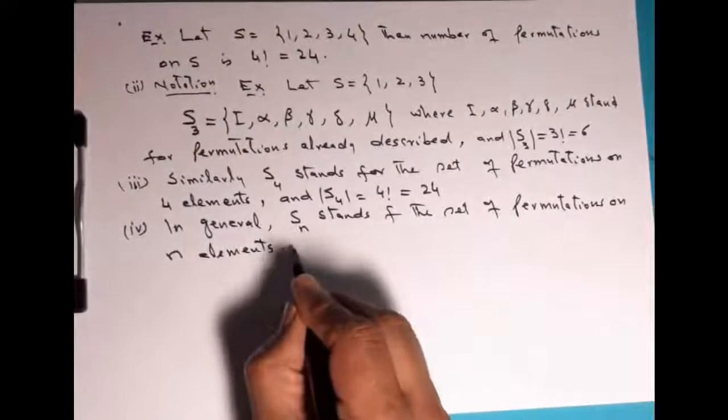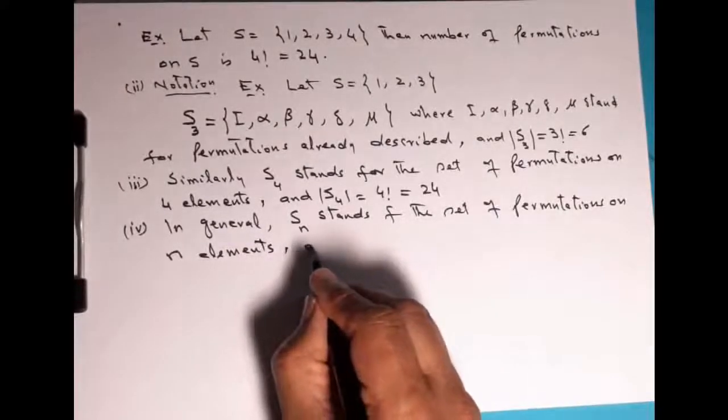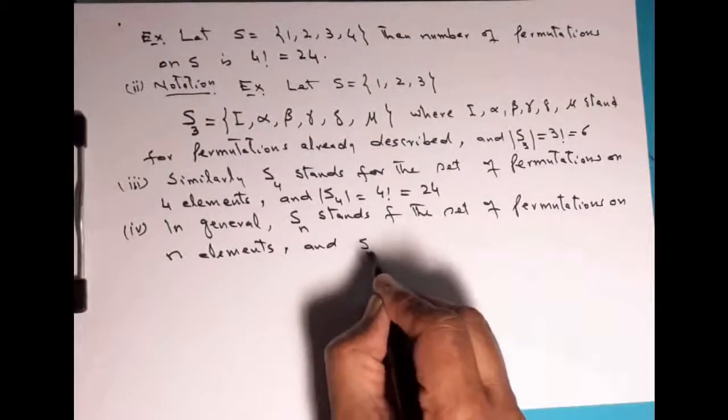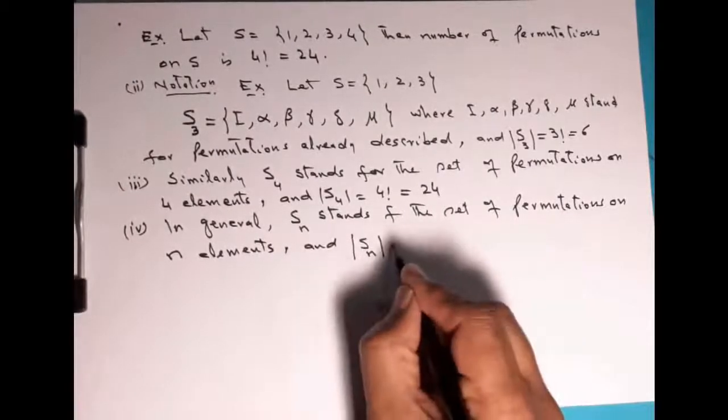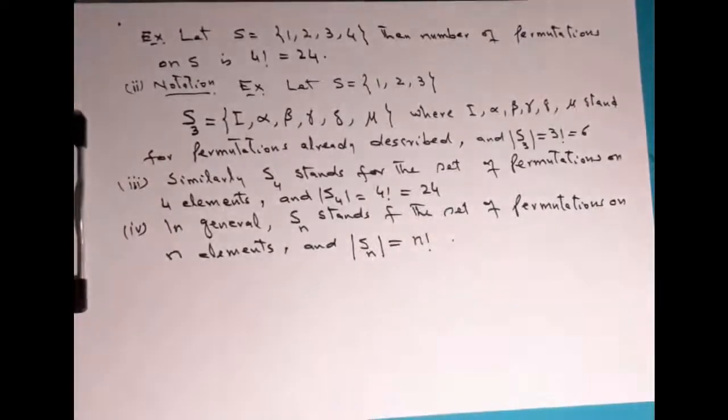And the number of elements in the set of permutations on n elements is equal to n factorial. So these are quite important results. Let's move further.